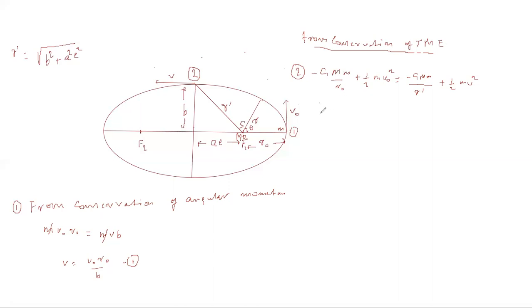Now we'll simplify this. So this becomes minus G M m over r naught plus half m v naught square is equal to minus G M m over r dash.